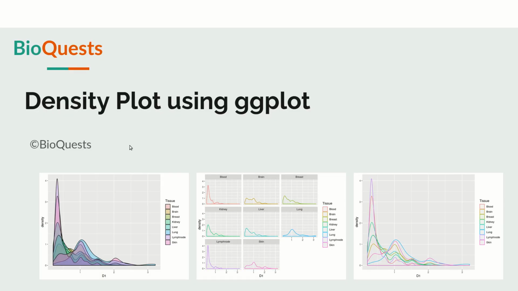In the next video we will explore the density plot, which is similar to a histogram, but the frequency is converted to probability density. It will show how dense an area is, so that way it will show the different density distribution of the data. We'll see in the next video.